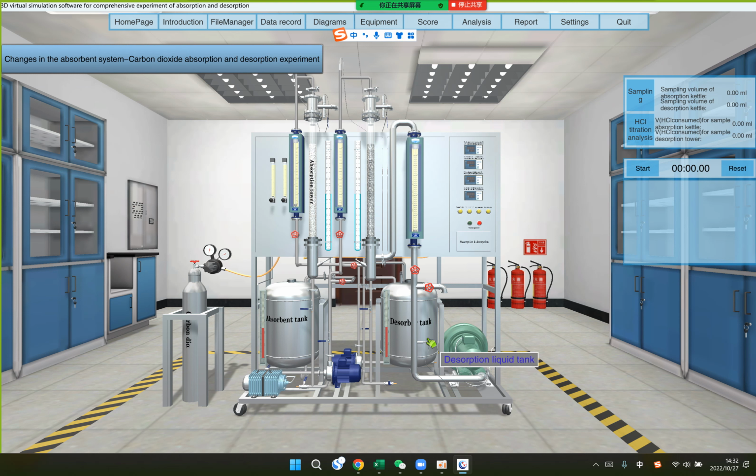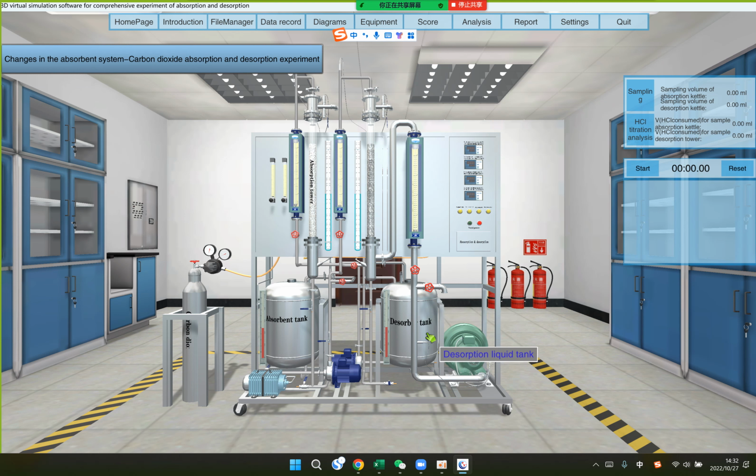So the gas and the liquid have counter current mass transfer with each other. After the mass transfer, the liquid will have some carbon dioxide component and move into the desorption tank.